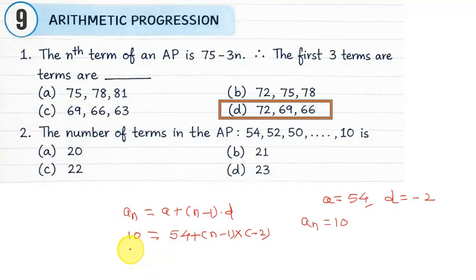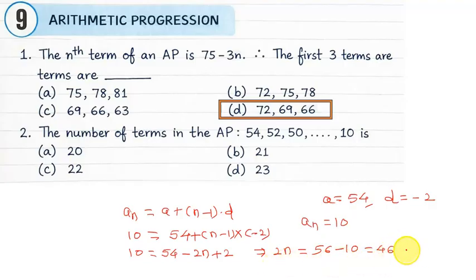Now here 10 = 54, then simple multiplication, that is -2n and +2. Therefore, it implies that 2n = 54 + 2, which means 56, and take this 10 to the right hand side, it will become minus, and hence you will have here 46.